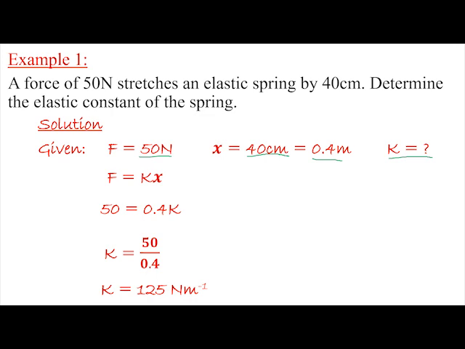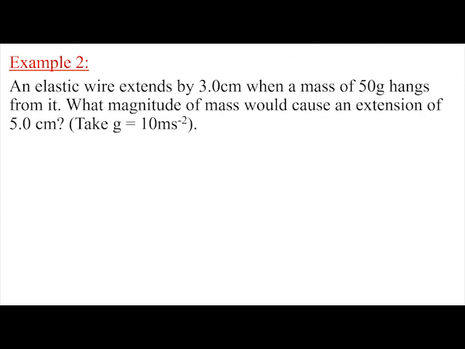Let's consider a second example in which an elastic wire extends by 3.0 centimeters when a mass of 50 grams hangs from it. What magnitude of mass would cause an extension of 5.0 centimeters, taking g as 10 meters per second squared?